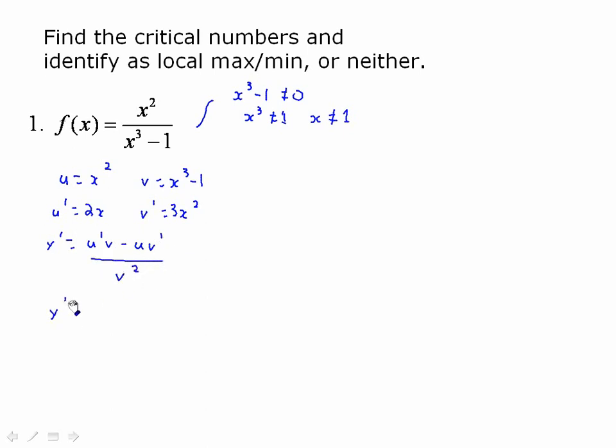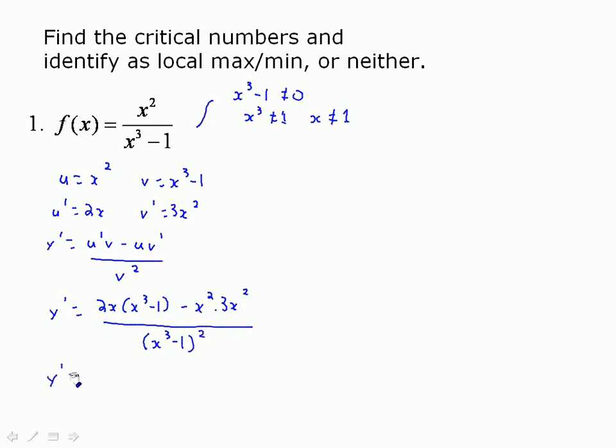So y prime will be equal to u prime, 2x, times v, which is x cubed minus 1, minus u, which is x squared, times v prime, which is 3x squared. And then all this over top of v squared, which is x cubed minus 1 squared.